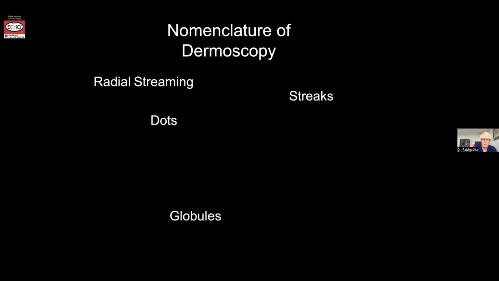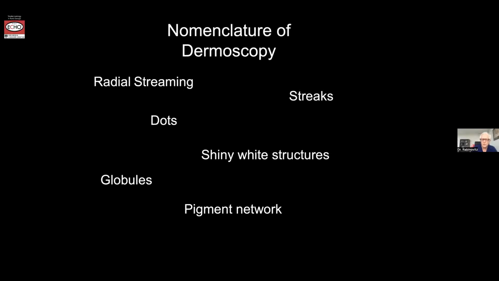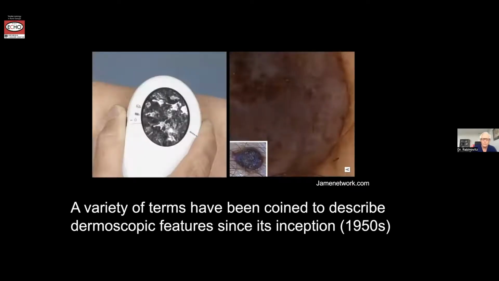So today we're going to talk about the language of dermoscopy. And you're going to hear a lot of terms: radial streaming, streaks, dots, globules, pigmented network, shiny white structures, clods or round structures. A variety of terms have been coined to describe these features since its inception back in the 50s.